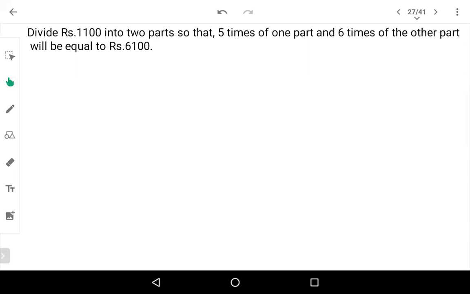So the next problem: divide 1100 into two parts so that... Firstly, what they're asking us to do, we have to divide 1100 into two parts. Let us assume one part is x, another part is y. This might be any combination.